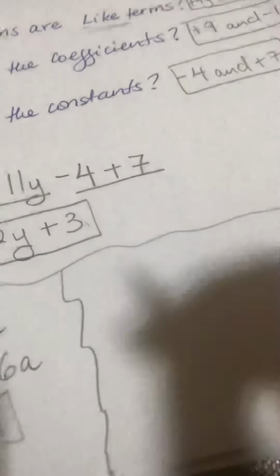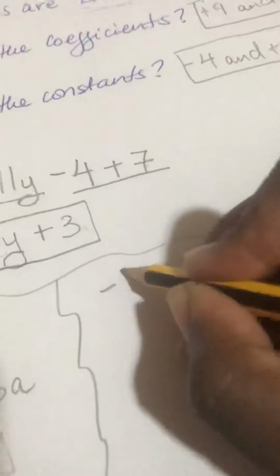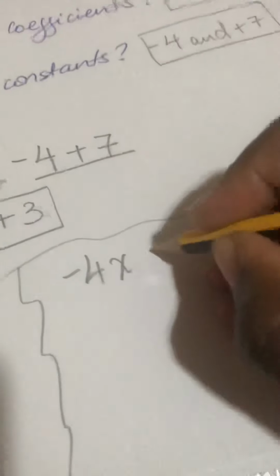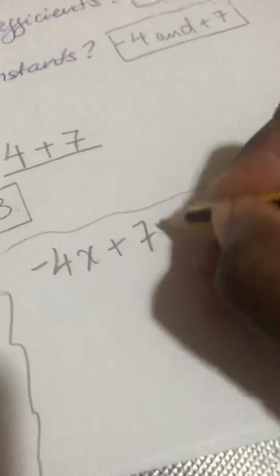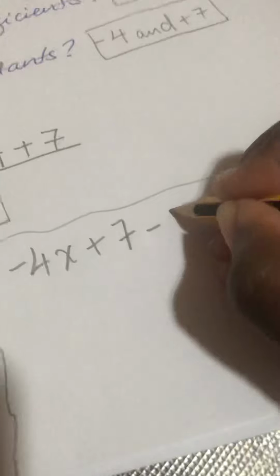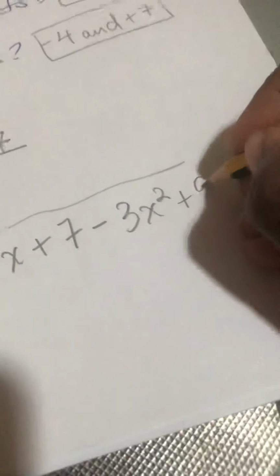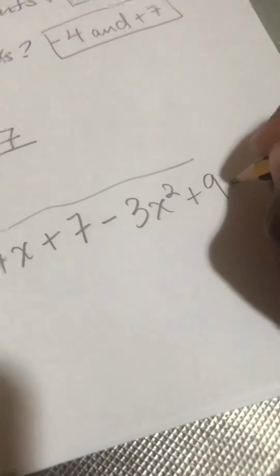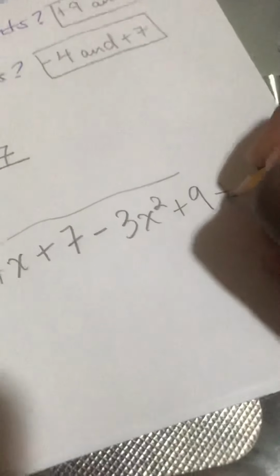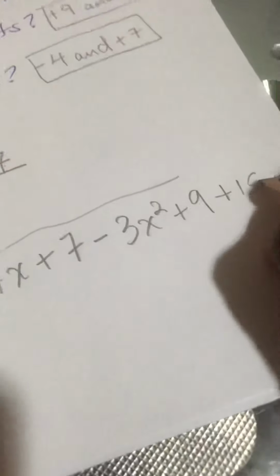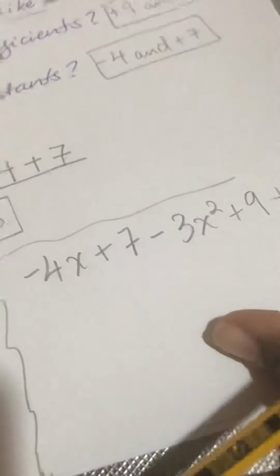So, I want to do another example. Negative 4x plus 7 minus 3x squared plus 9 plus 15x.